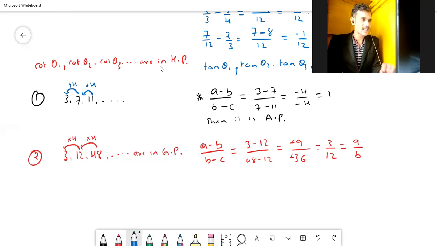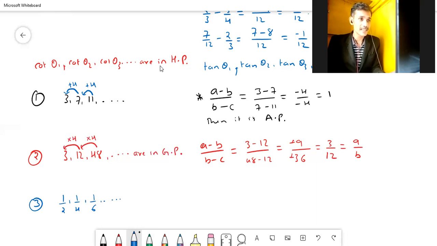Now we'll see how we can identify a harmonic sequence. We'll take a sequence like 1 by 2, 1 by 4, 1 by 6, and so on. It is a harmonic sequence, because their reciprocals are in arithmetic sequence.